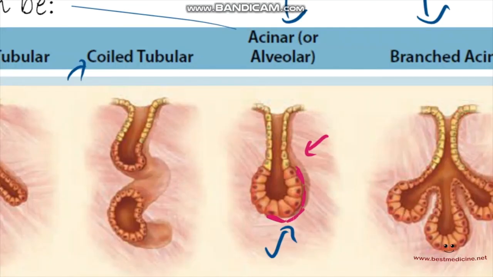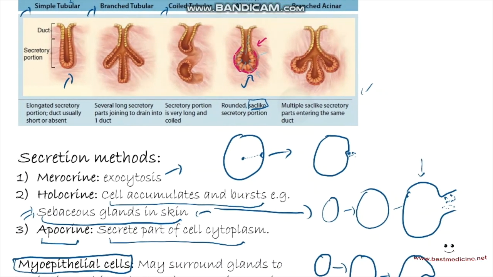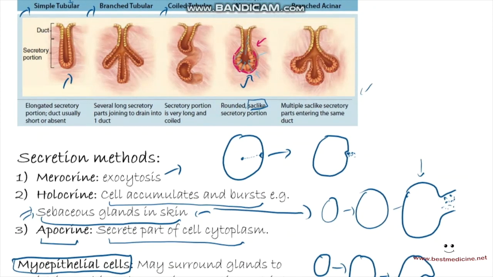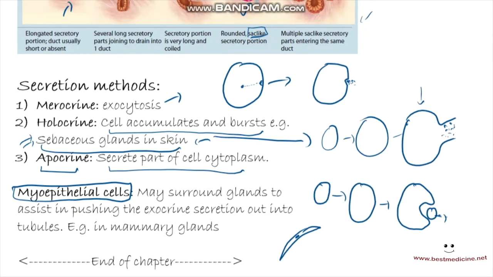If a stimulus comes to the myoepithelial cells to contract, because they are epithelial, and they also have the ability to contract because they have the muscle function as well, then this contraction would result in pushing of the secretions into the duct and outside, right? So this is how myoepithelial cells assist in secretions of glands. We will look at many examples of myoepithelial cells, so I'm not going to show you any images of these right now.